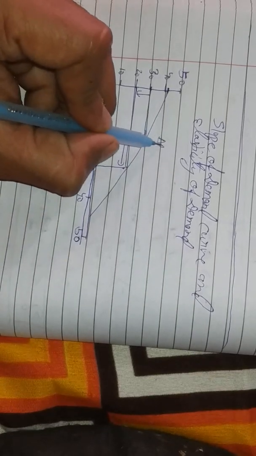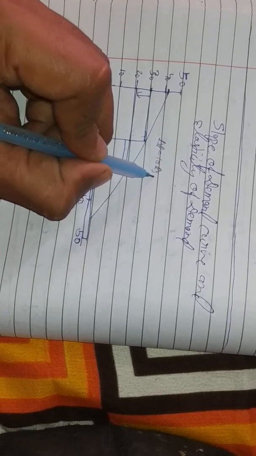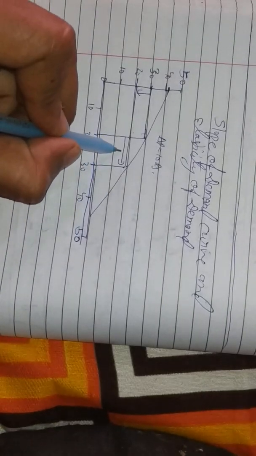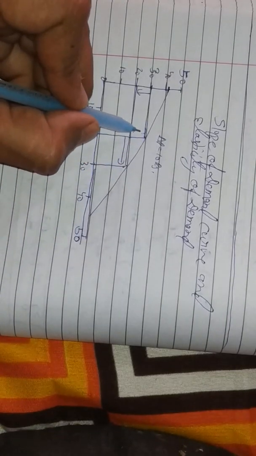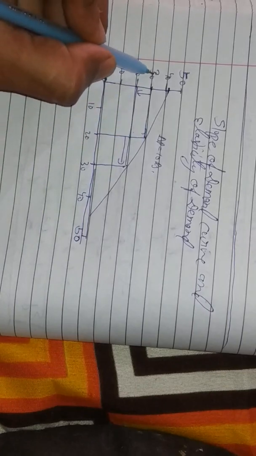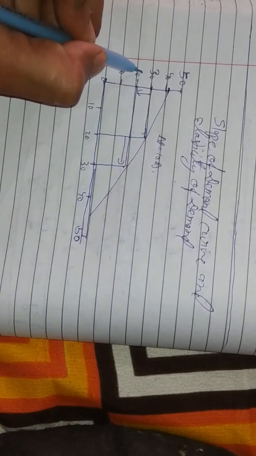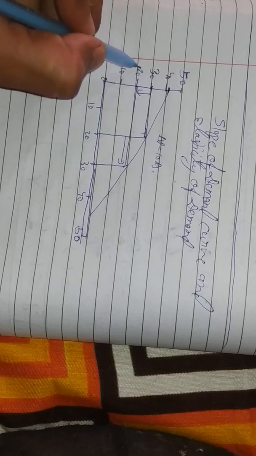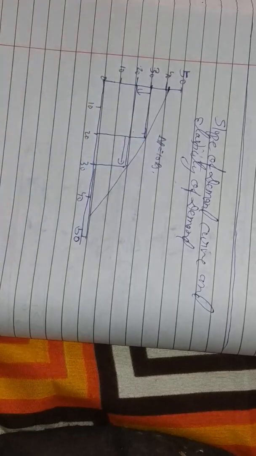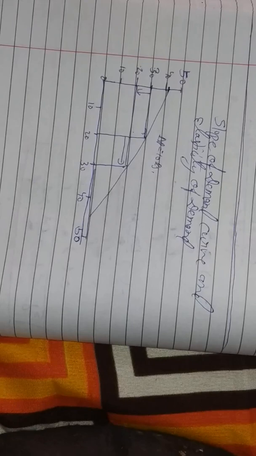Delta P, change in price, is 10 rupees. We have changed the price from 30 to 20, so that is minus 10.